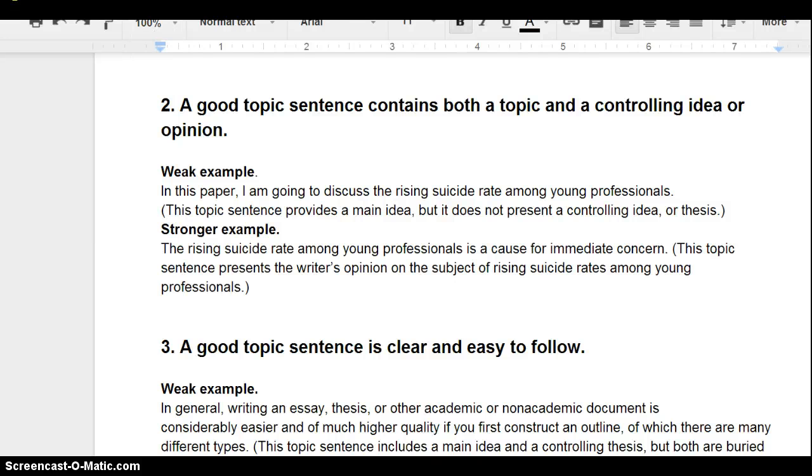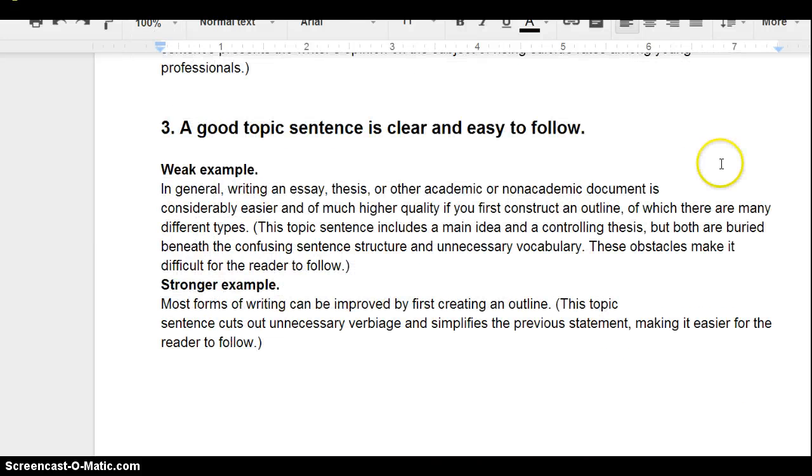All right, the next thing here is a good topic sentence is clear and easy to follow. Let's take a look at this one. In general, writing an essay, thesis, or other academic or non-academic document is considerably easier and of much higher quality if you first construct an outline, of which there are many different types.